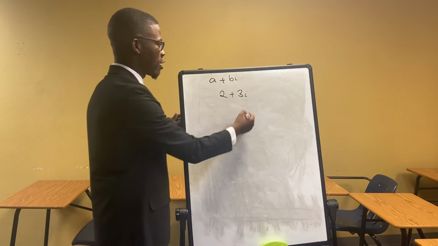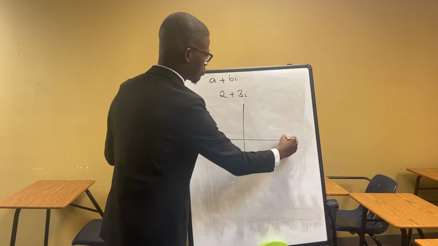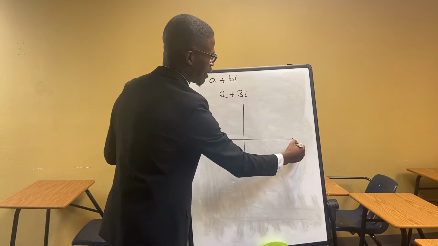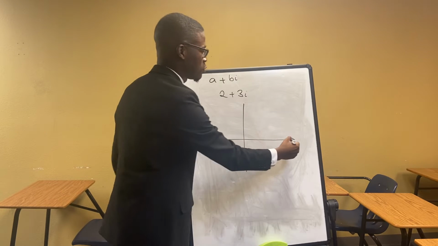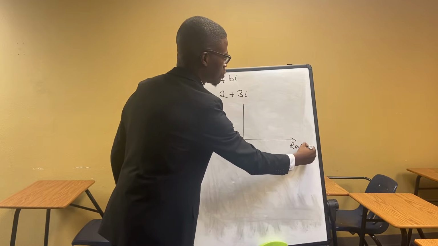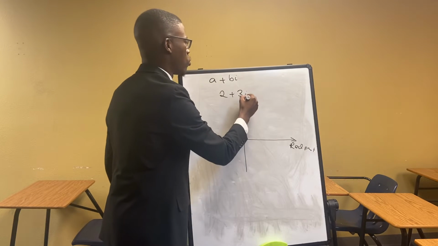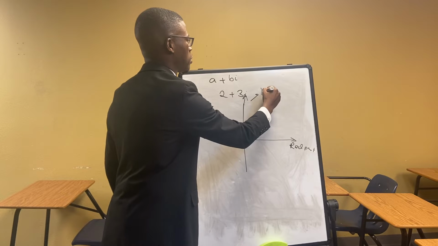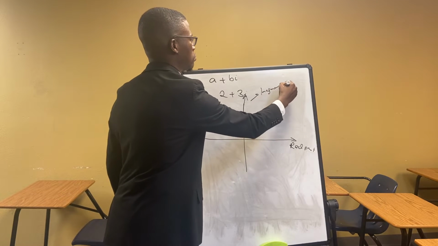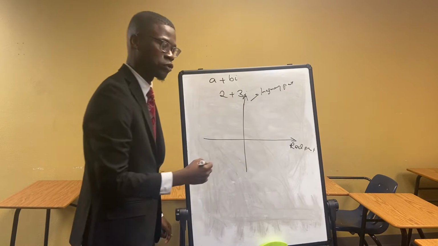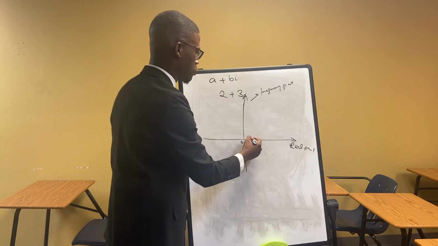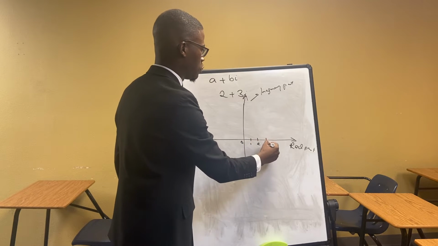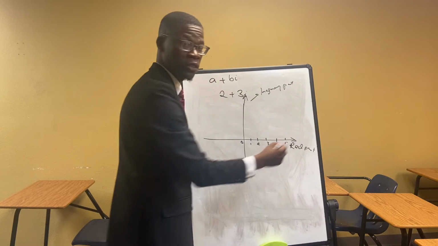So if we have a graph where you have on the x-axis, instead of x-axis, it is called the real part, all right? The y-axis or the vertical axis is the imaginary part, okay? So on the real part, of course, you have 0, 1, 2, 3, 4, 5, and so on and so forth, right?